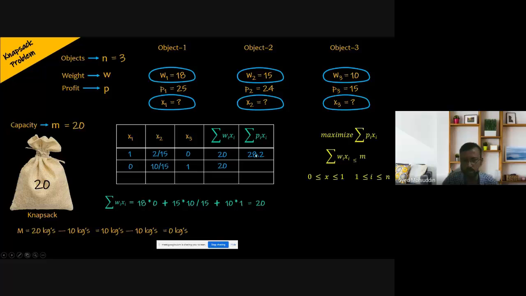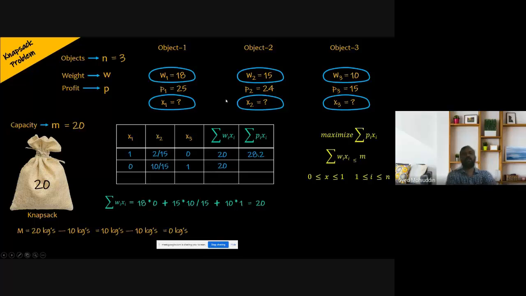We will get the same first row, because object 1 has higher profit, object 2 next, object 3 the last. So this is nothing but the same as taking objects by weights, because in this case the weights are decreasing as our profits are decreasing.